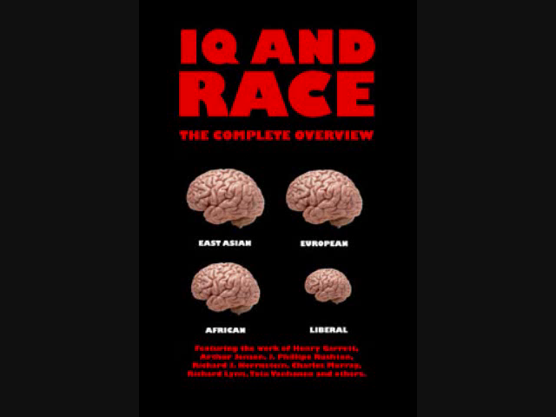Other books have come about, like IQ and Race: The Complete Overview, showing differences in brain size, with constructed models of a brain from small to larger size, and underneath them the different ethnic or racial groups characterized by brain size. So there have been other books that also point out the war that has resulted from the debate over the bell curve.